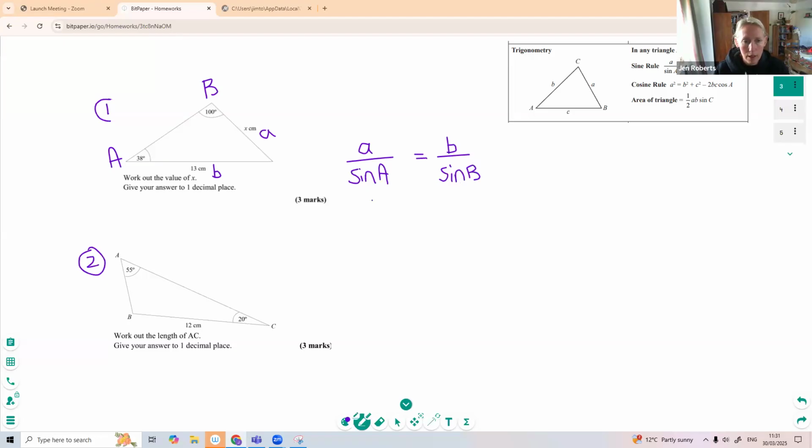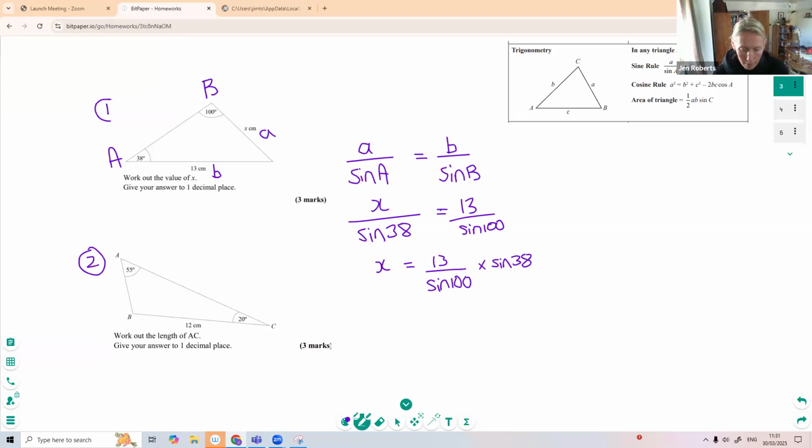Substitute in the values, X over sine 38 equals 13 over sine 100. Multiply both sides by sine 38. Gives you X as 8.1 centimetres.